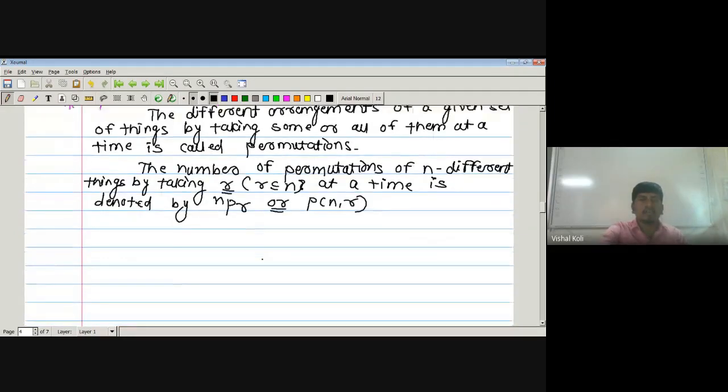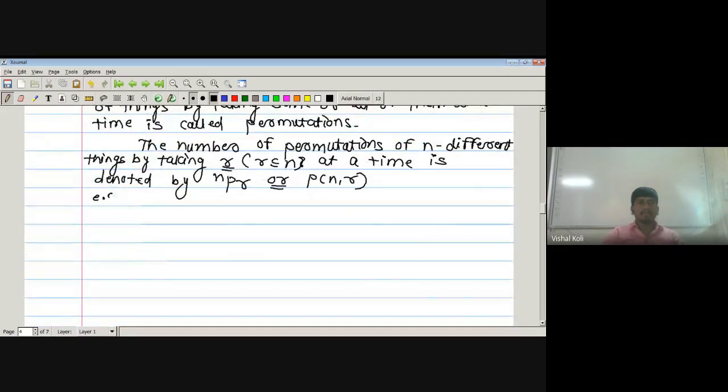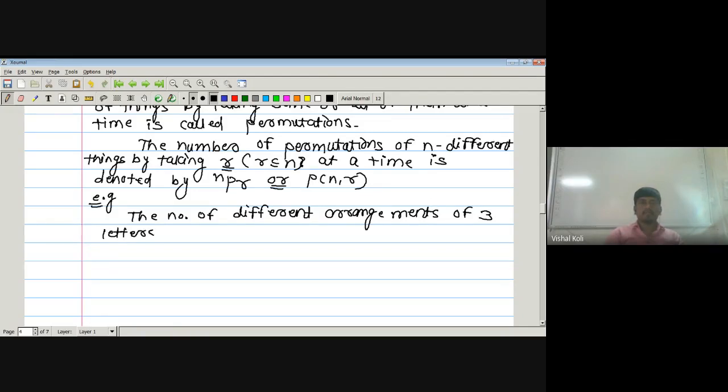Let us see one example. The number of different arrangements of three letters A, B, C by taking two at a time.